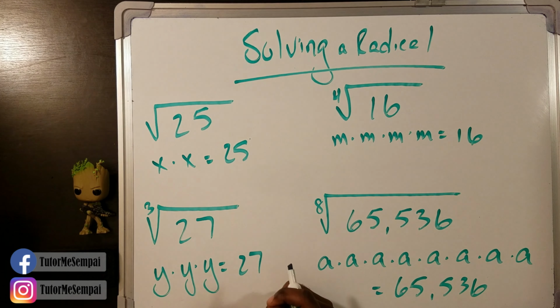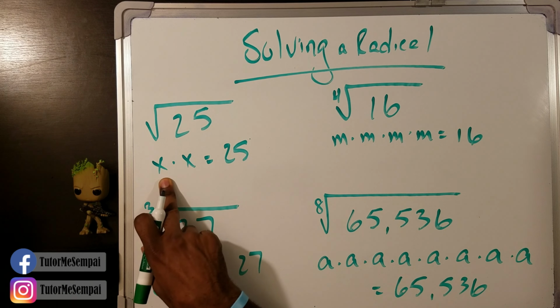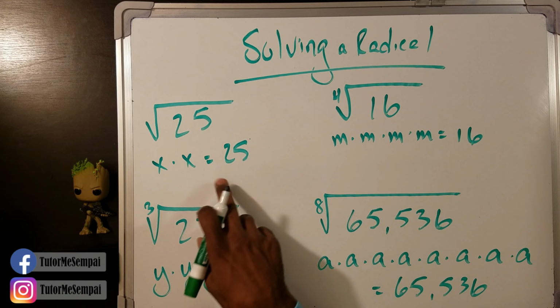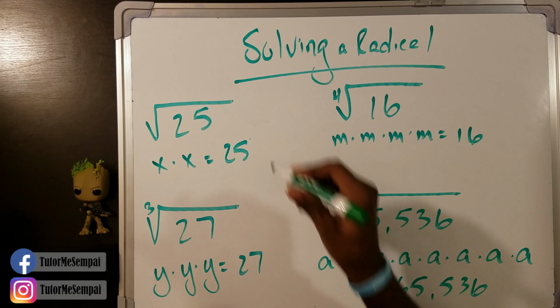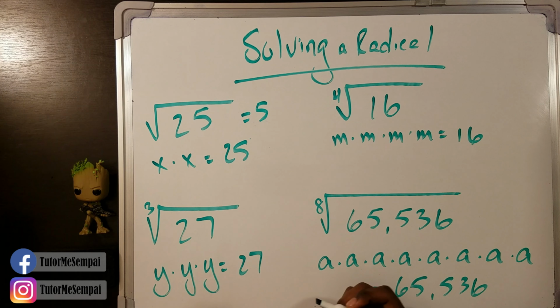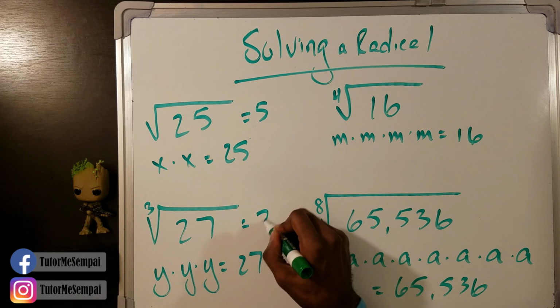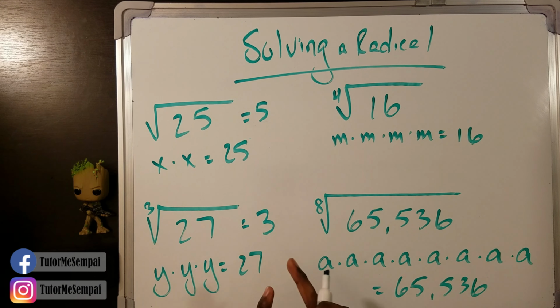So going back to this first example here, do we have a number that when you multiply it by itself, you get 25? Yes, this is 5. How about this? Is there a number that when multiplied by itself 3 times, you get 27? Yes, that is 3. When you multiply 3 by itself 3 times in this fashion, you will get 27.